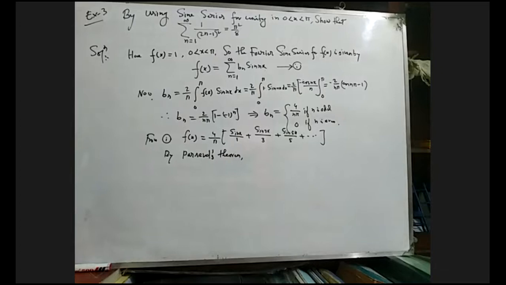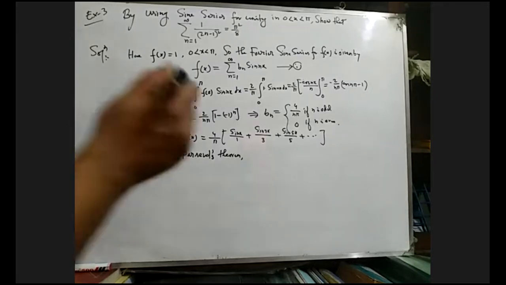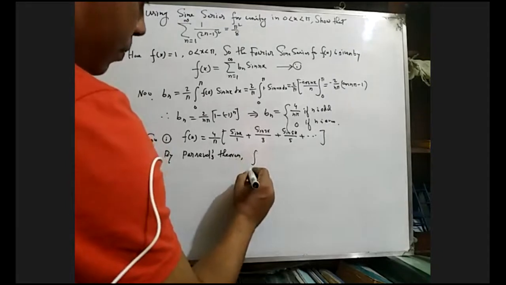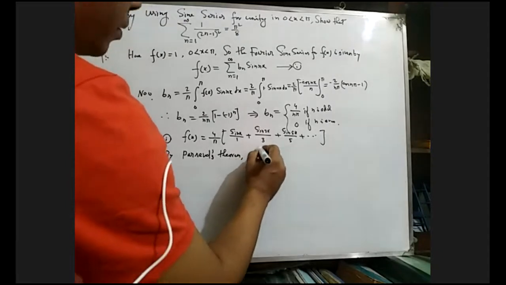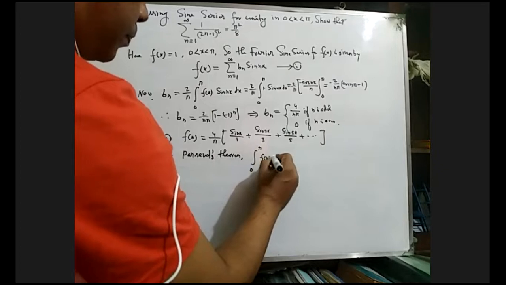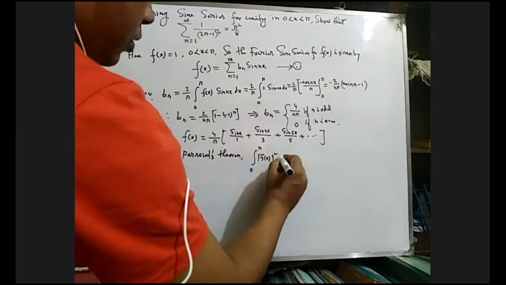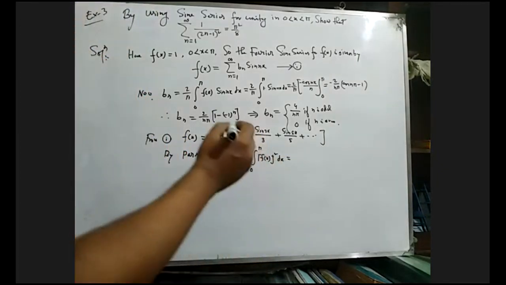So by Parseval's theorem, we get what? Integral 0 to pi f of x whole square dx. What will be?